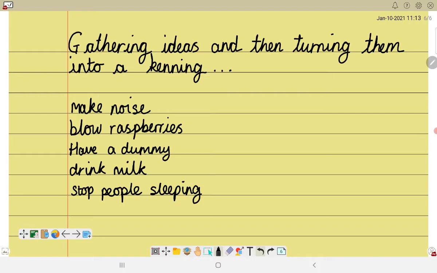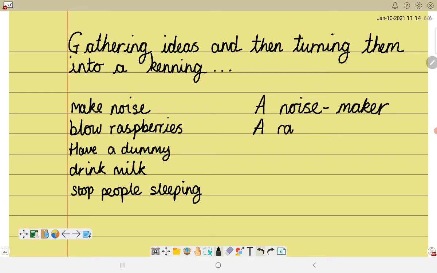So let's start with make noise. So I need to start with a, and then I need a noun. So what's the noise? The noun is noise because that's the thing. So a noise-hyphen maker. Okay, so let's go to the next one. A, which bit's the noun, blow or raspberries? Raspberries is, so I'm going to say a raspberry blower.